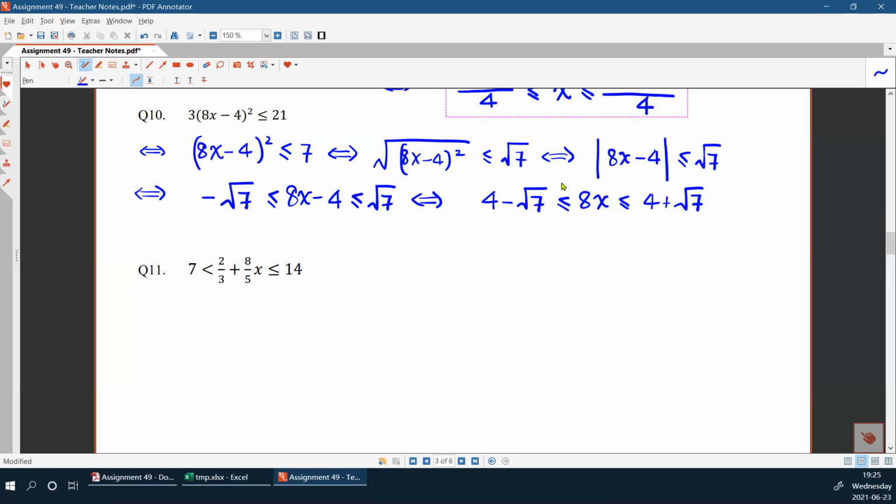And then we can divide both sides by 8. 8 is positive, so we don't change the direction of the inequality symbol. So (4 minus square root of 7) over 8 smaller than or equal to x smaller than or equal to (4 plus square root of 7) over 8. This is our final solution.